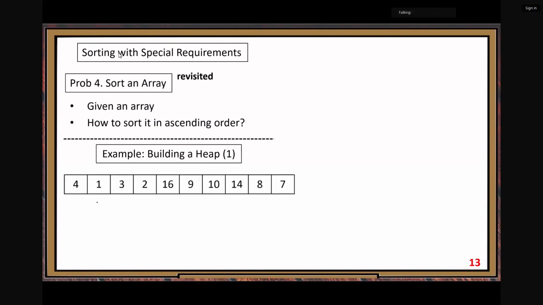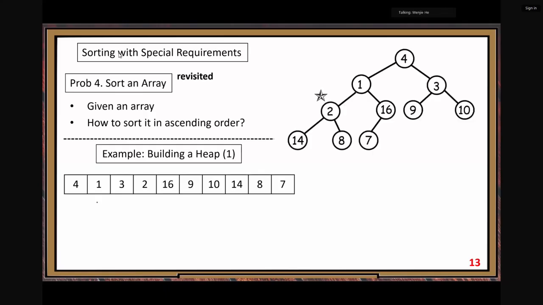Suppose we have a random array like this. How do we convert it, after some swap operations, to make it a max heap? Next we need to do that operation.